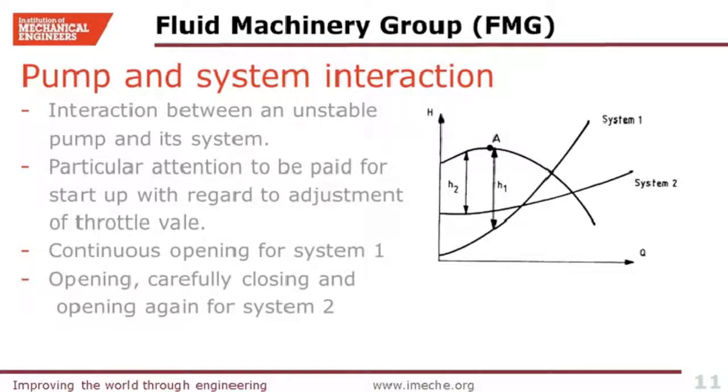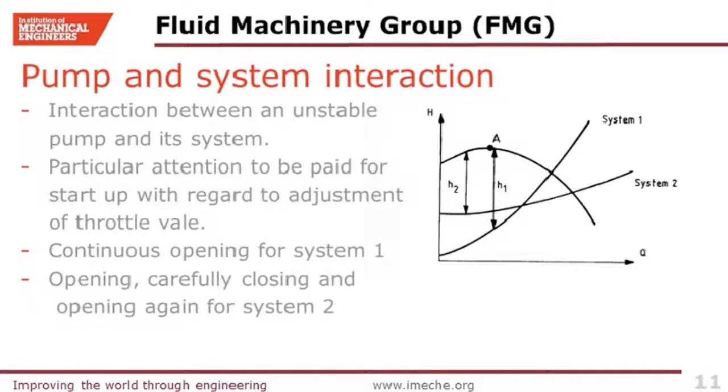On starting the pump, the duty point of each system is obtained by adjustment of the discharge throttle valve, which is at a fully closed position when you start the pump, and will be opened gradually to shift the operating point to the designed duty point, which is the intersection between the pump curve and the system curve. What the throttle valve is doing in effect is dissipating the head difference between what the pump is generating and what the system needs.